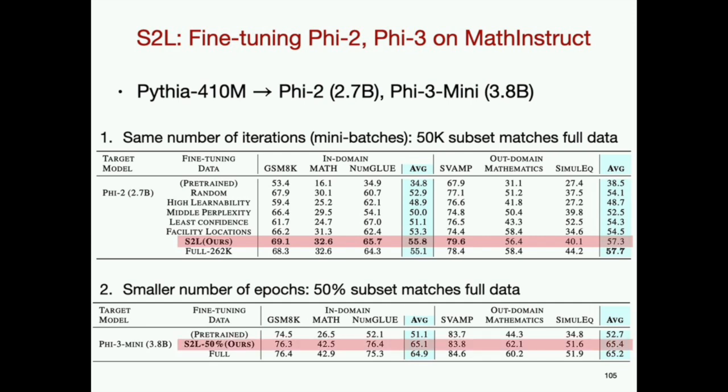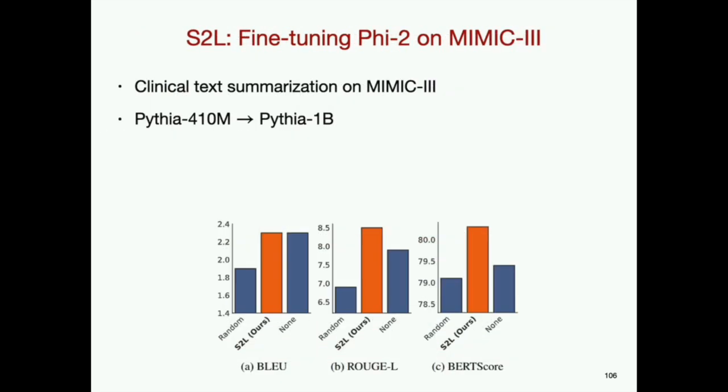You can see that this is also performing very close to training on the full fine-tuning data, which is nice. So for larger models, we need larger subsets, which is expected, but still, we can drop half of the data and match or do better than fine-tuning on full data. Another experiment, fine-tuning Phi-2 and MIMIC.